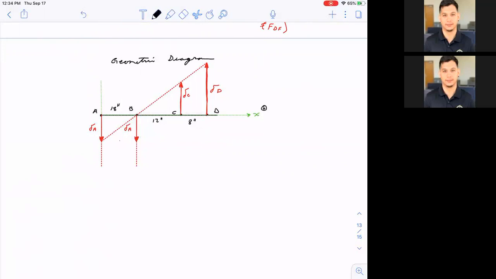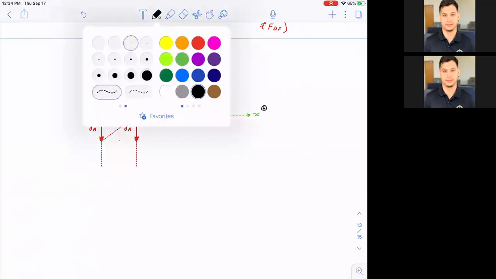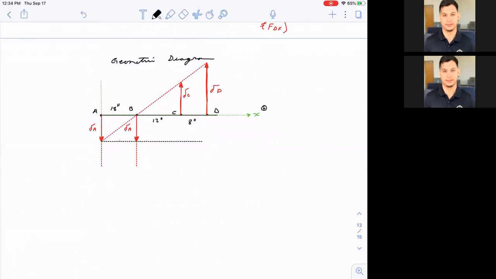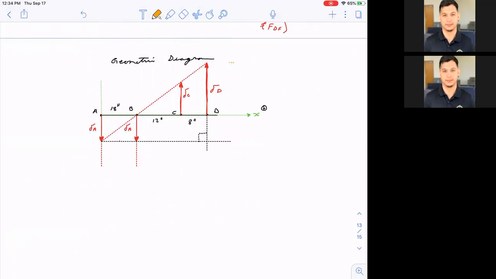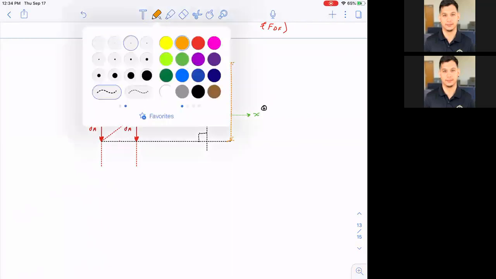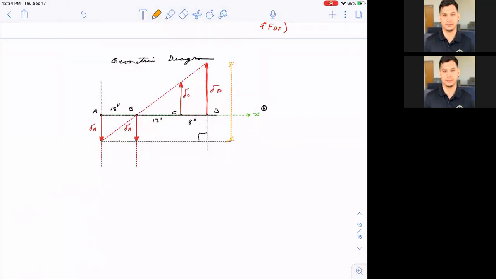right? And then I draw an intersection where this is 90 degrees. And I'll name this, let's just call it Y, okay?